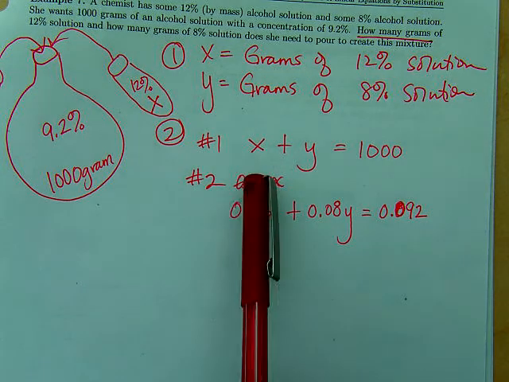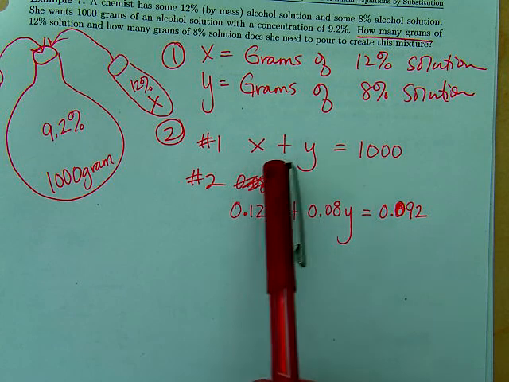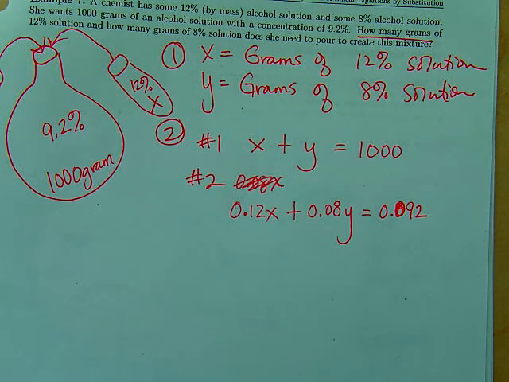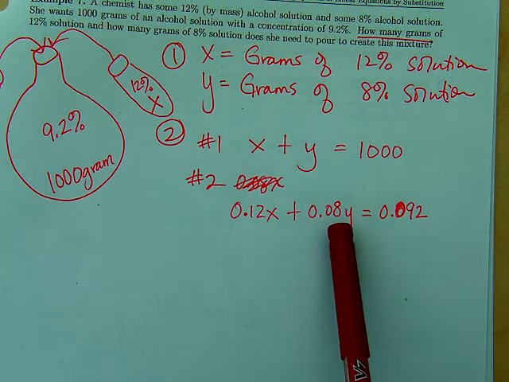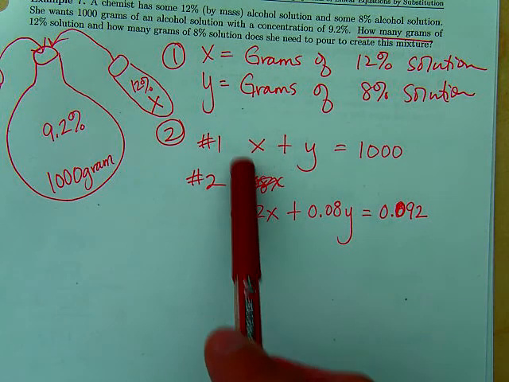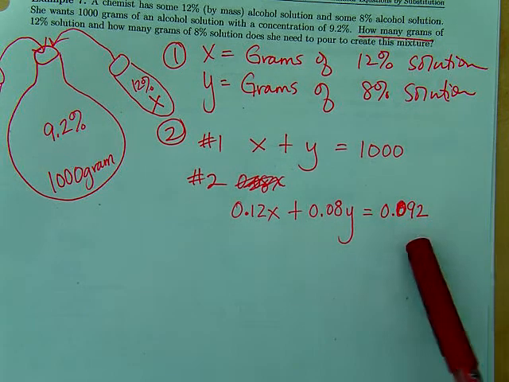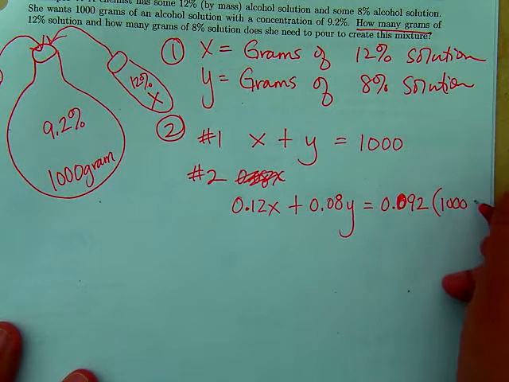Yeah, because I might have 500 grams of this, 500 grams of that. It's not all alcohol. It's only 8% alcohol. 8% of this is alcohol. 12% of however many grams I put in is alcohol. 9.2% of 1,000. That's the tricky part.